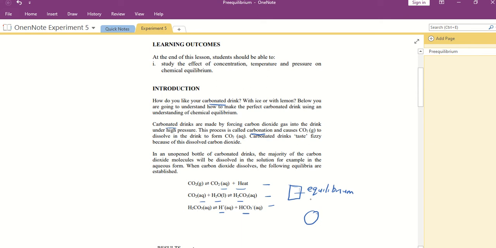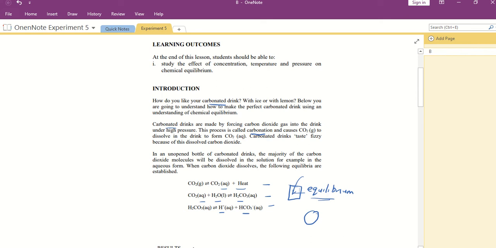It is the same for the carbonated drink. If the drink is already at equilibrium, and I make any changes to the system, the system will minimize the change that I made.